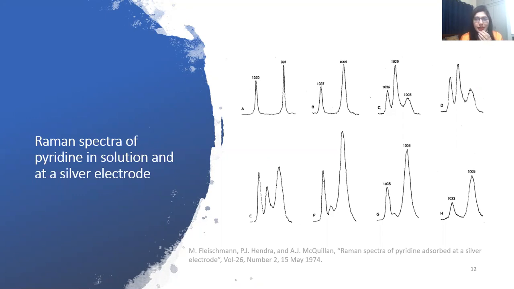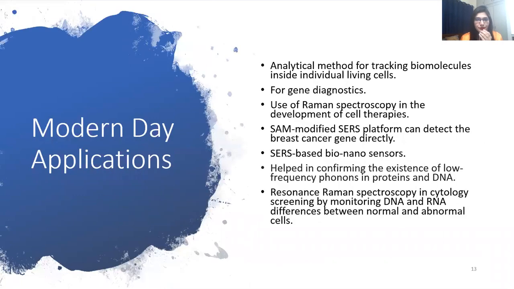The study suggests that there is more than one layer of water between the silver surface and physisorbed pyridine. It is concluded that for more cathodic potentials, both 1008 per centimeter and 1036 per centimeter bands shift to slightly lower frequencies, while this behavior is different at higher frequencies.